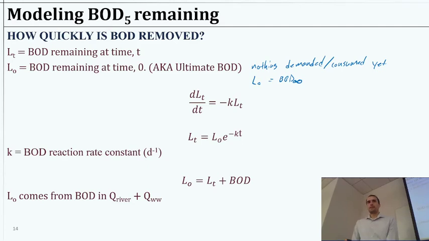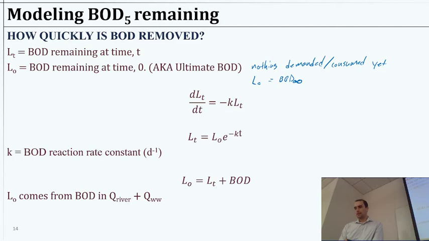Does that make sense? Okay, so the L_t and L naught, two values here, and we can call this BOD infinite the ultimate BOD, or L naught you could also call ultimate BOD. Okay, so then if we have that concept, we can say, well, how does the remaining BOD change over time?